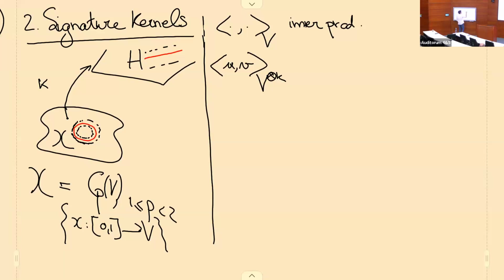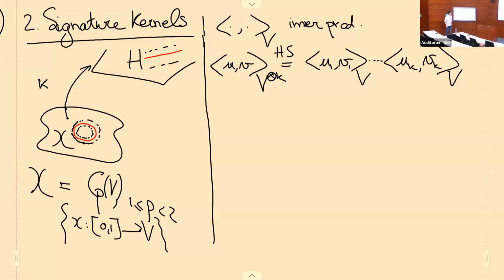Well, you can use a Hilbert-Schmidt type inner product to simply say that this is equal to the inner product of U1 and V1 in V, times the inner product of UK and VK in V, right?